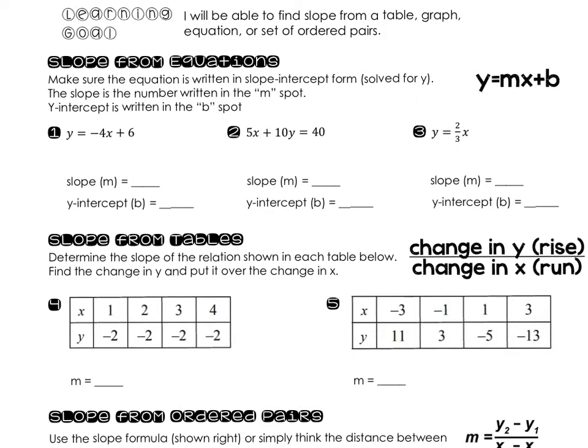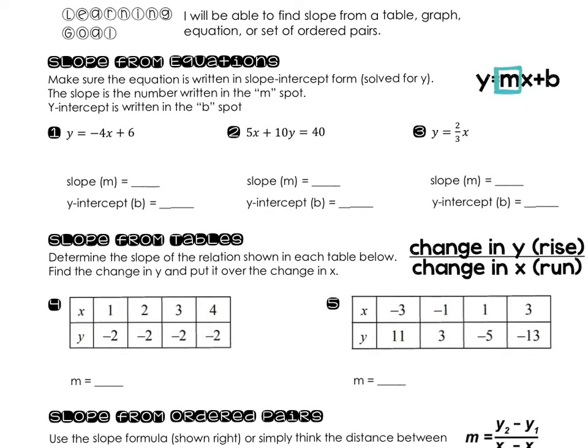So if you are looking at an equation, we first want to make sure it's in slope-intercept form, which is y equals mx plus b. Okay, you're going to see that a lot. So the slope is written in the m spot, and the y-intercept is in the b spot. So I'm just going to label those.